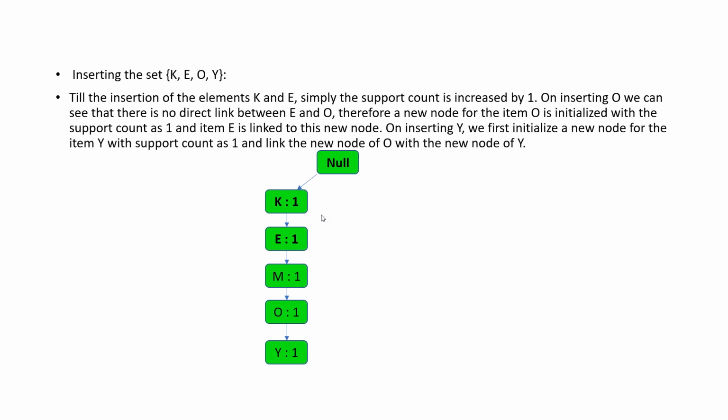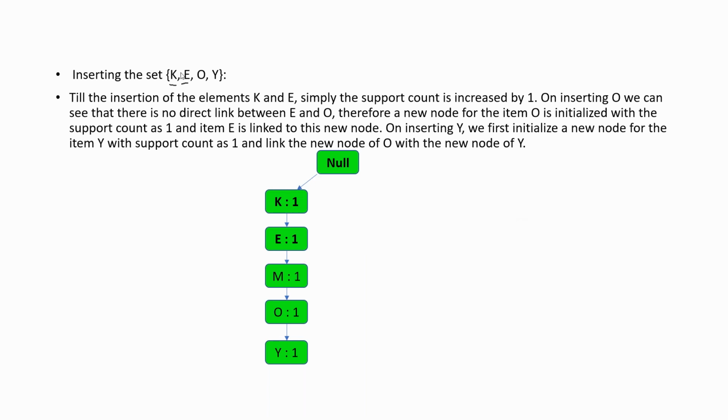What we have to take care of is that the items which are already present in this tree, we do not have to redraw again. Starting with K is already here. Then E is already here in that same pattern, after K and then E. So K and E appear here together, so we do not have to make another node for K and E.